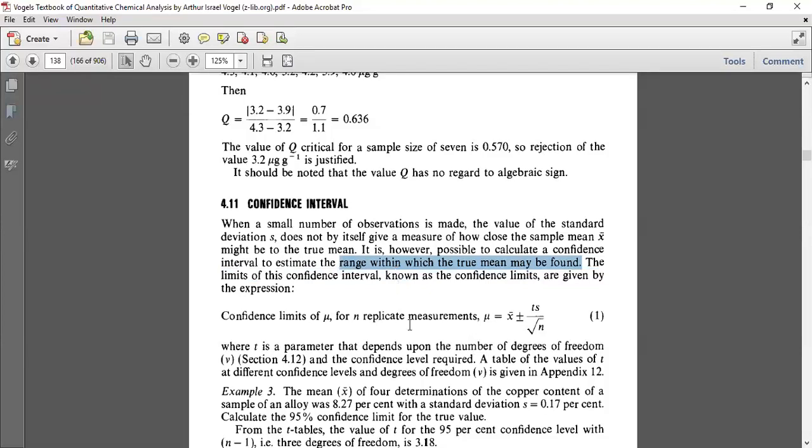So how will you calculate? The formula is there. See, confidence limits of mu for our observations is equal to X bar, the mean, plus or minus T into S divided by square root of N. T is what? It is a parameter that depends upon the number of degrees of freedom and the confidence level required.